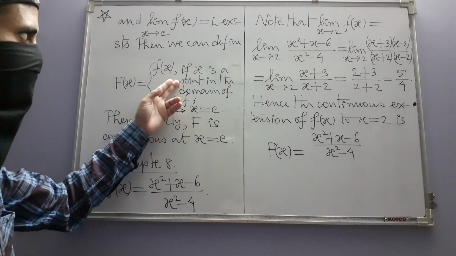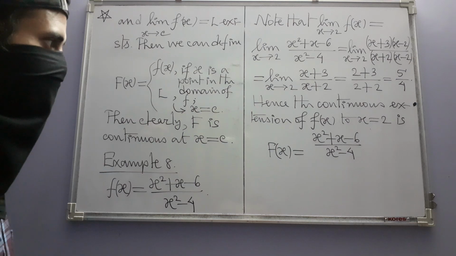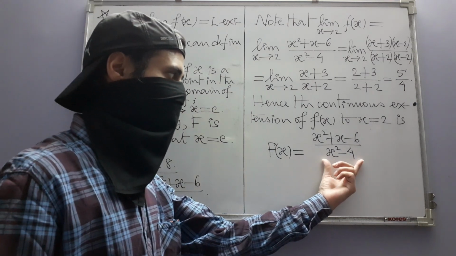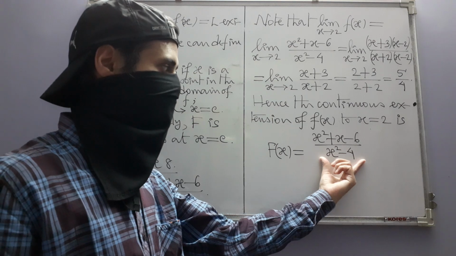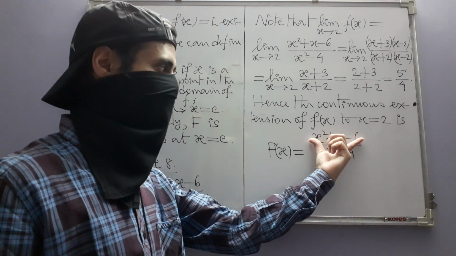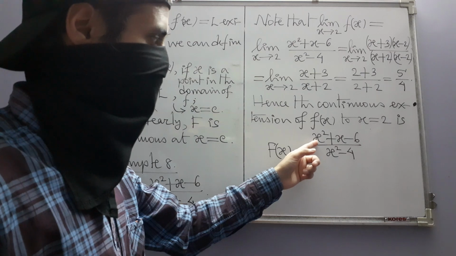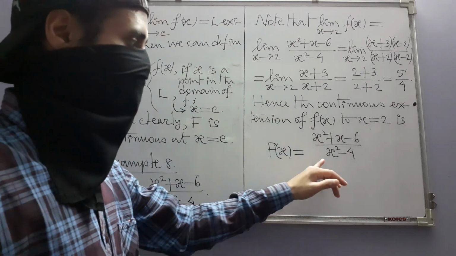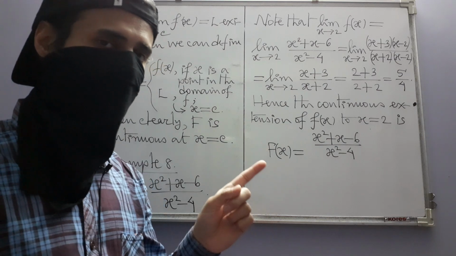Well, you can see here if x is a point in the domain of small f. The domain of small f you can immediately figure out from here. How? See, the numerator offers no problem at all. Any real number x you can put, but in the denominator you cannot put those two values, minus 2 and plus 2.